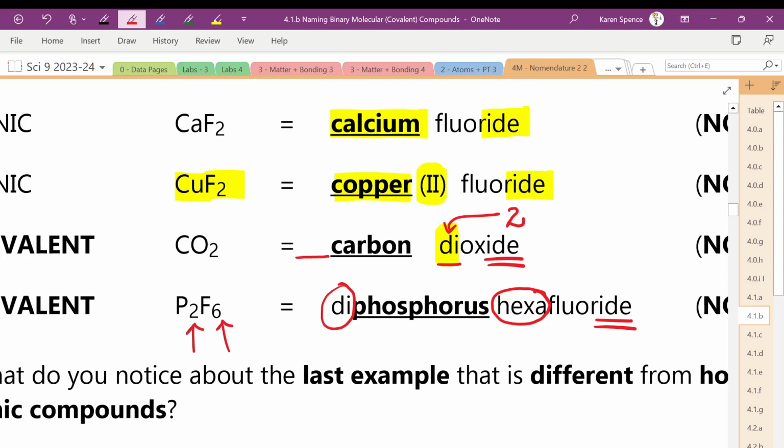But you'll notice the ending of the second word is still changing to ide. So far, so good? And you don't need to know the prefixes just yet. We'll come to them, but the ending still changes to ide, and the only thing that's different is we're using these little prefixes to tell us how many of each atom. Okay?